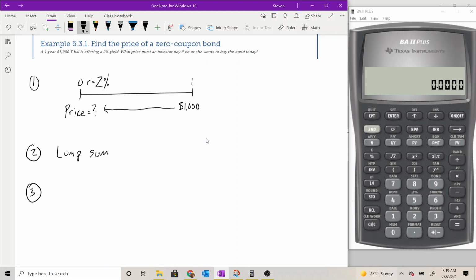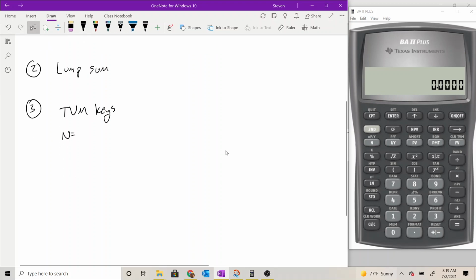All 3 of those solutions are in the text if you're interested in using any of those as well or looking at them further. So let's go straight to the time value money keys.